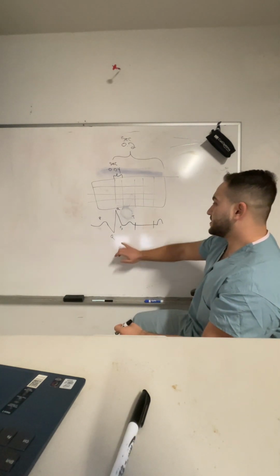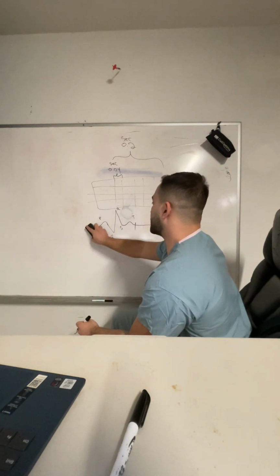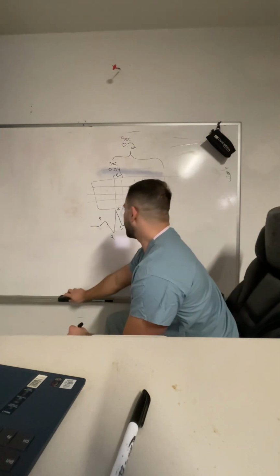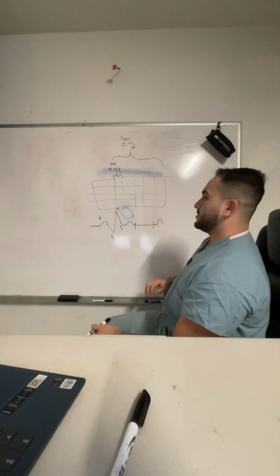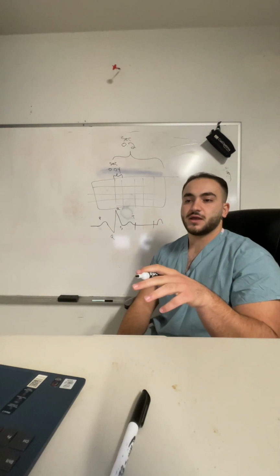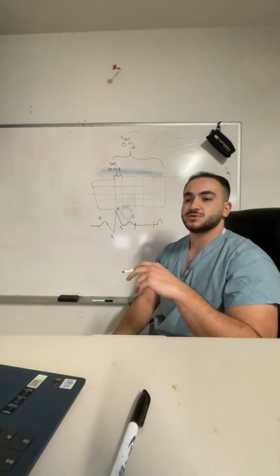So isoelectric, ST segment, our P, this one should be straight, okay? And it repeats all over again, okay? So typically, our P wave should be from 0.06 to 0.12 seconds, okay?